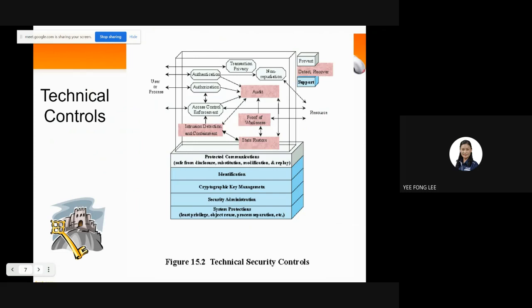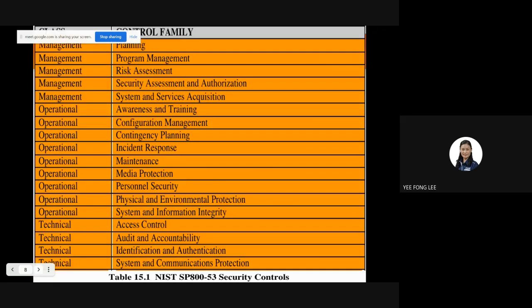Second, preventive control will focus on preventing security breaches from occurring again and again. Third one, detective. Detection and recovery control will focus on the response to the security breach. There are three things that need to be considered in technical controls.